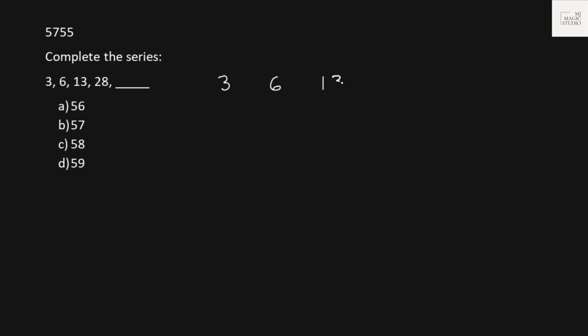3, 6, 13, 28, and my basic drill is always to find the difference table. Here is 3, difference is 7, then difference is 15. Here difference is 4, 8, and then if I assume here the difference to be 12, 12 plus 15 is 27, and 28 plus 27 is 55, and then it matches up with our difference table.